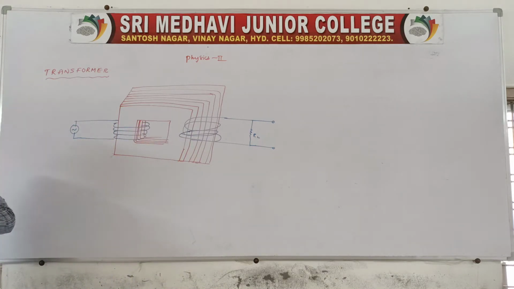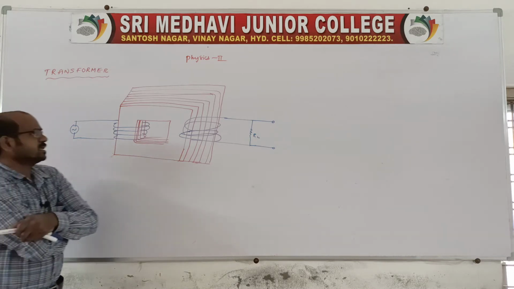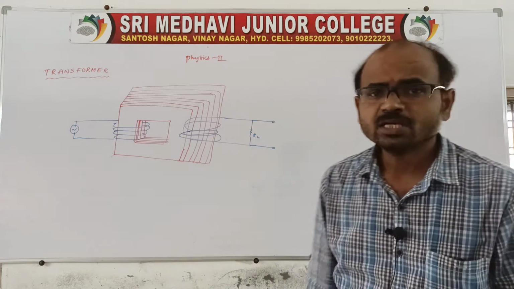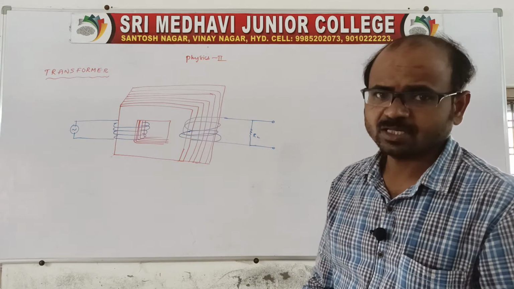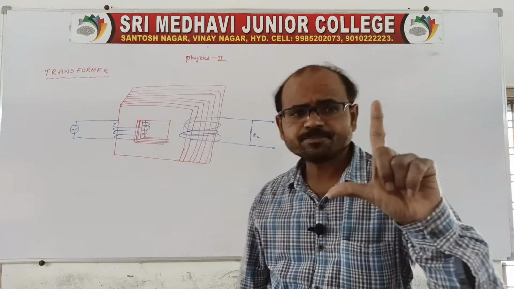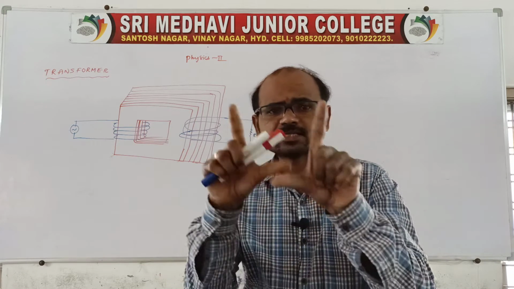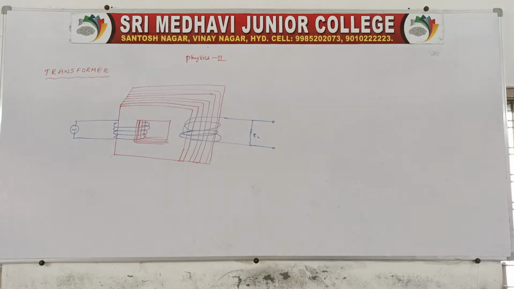The transformer is a device used to convert low AC voltage to high AC voltage, or high AC voltage to low AC voltage. It consists of L-shaped frames arranged one above the other, so that we get one laminated core.